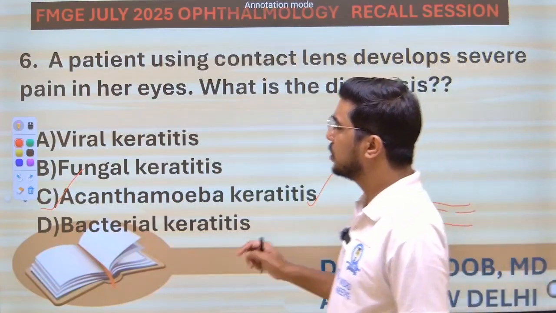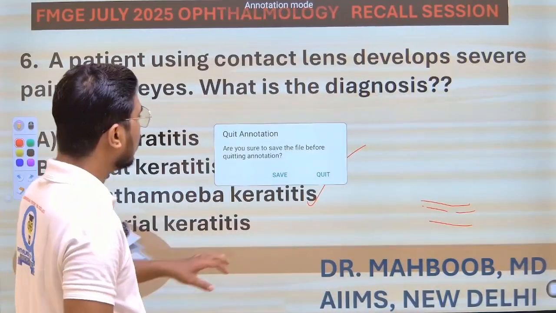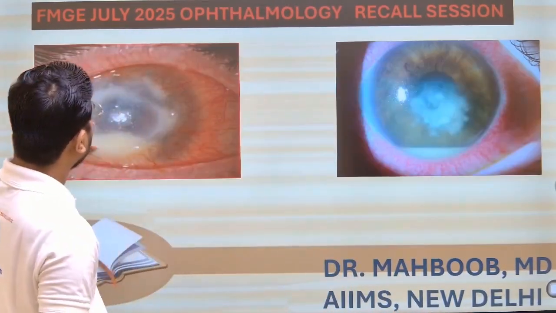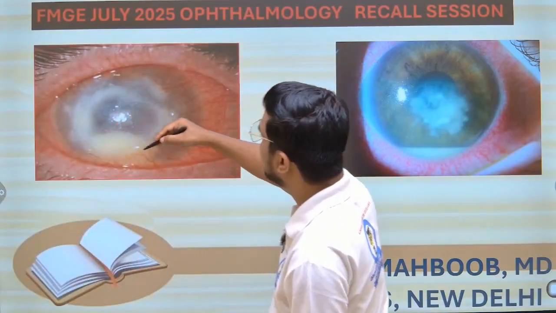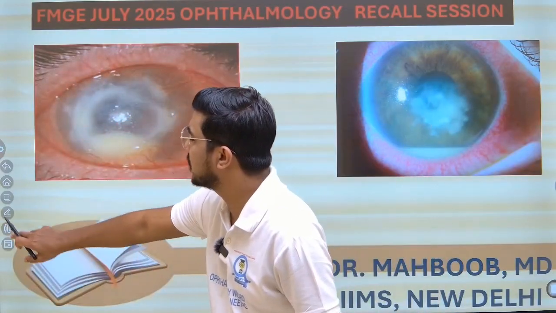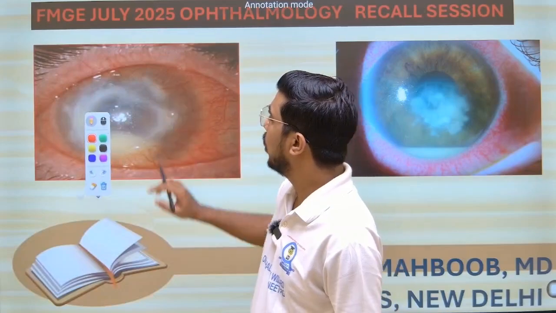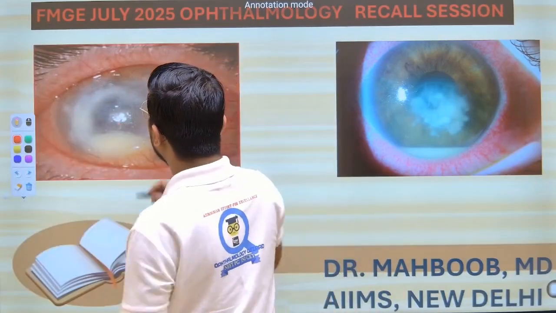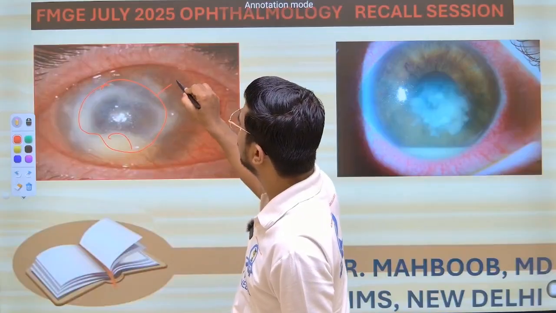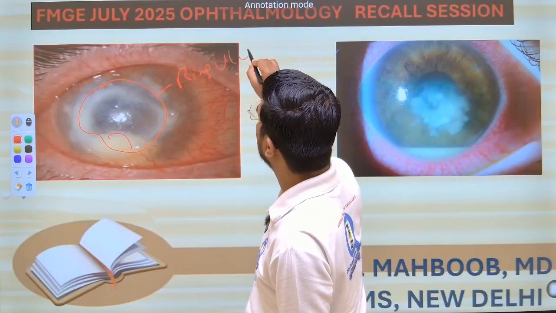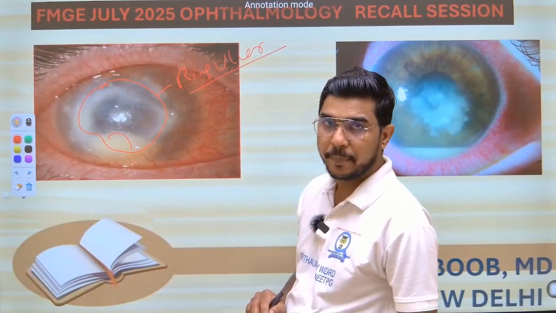You need to understand one thing: look at these two pictures. What is this picture being shown here? What you are seeing in this picture is a ring-like structure. So this is a ring ulcer. Okay.